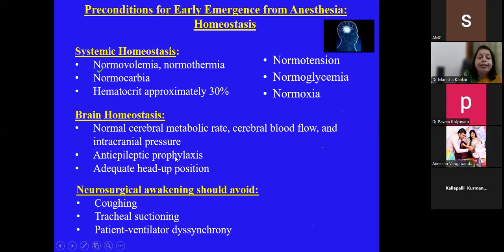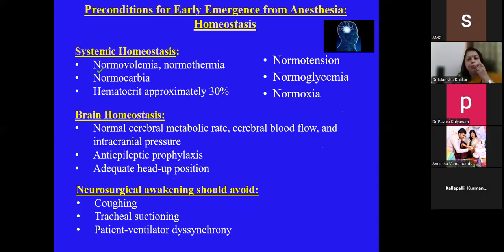We should give antiepileptic prophylaxis so that there are no convulsions on the table at the time of extubation. You must give an adequate head-up position.